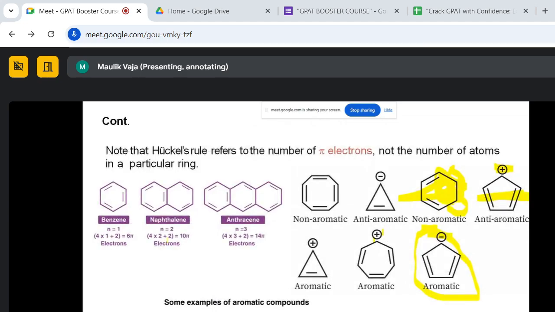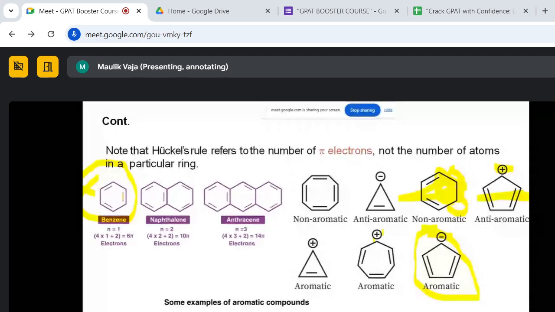If we look at the structure of benzene, it is 1,3,5-cyclohexatriene. It contains three double bonds, so it is from the alkene series, a cycloalkene.